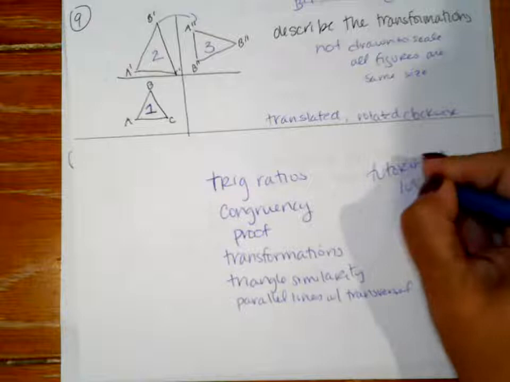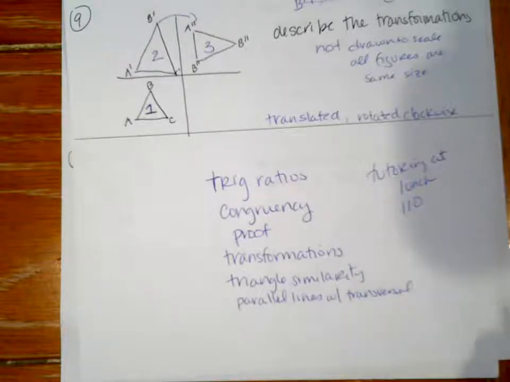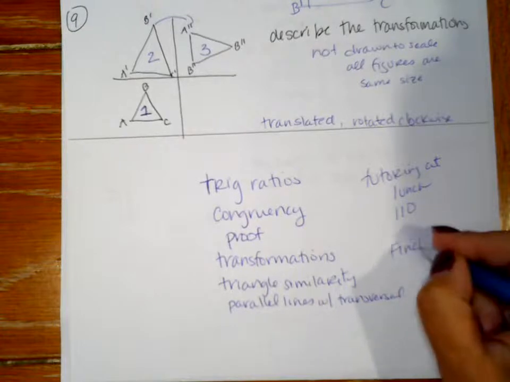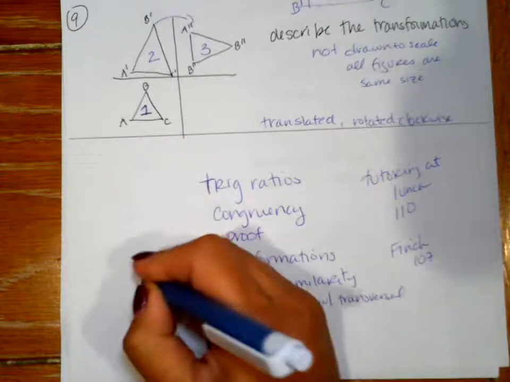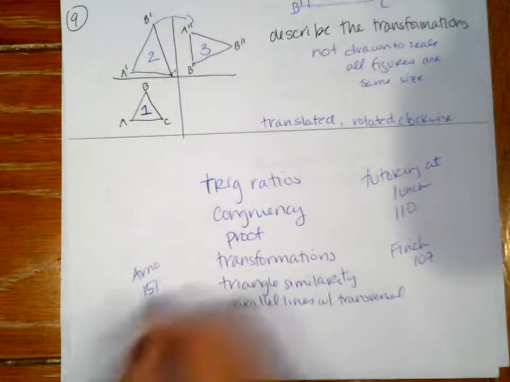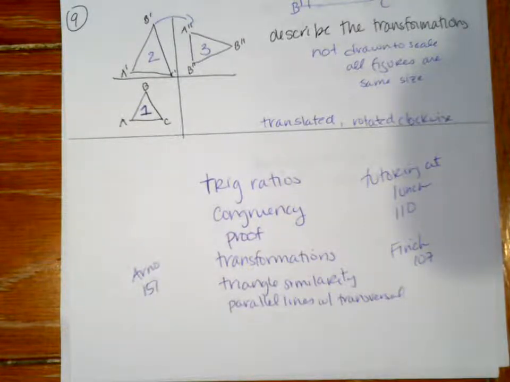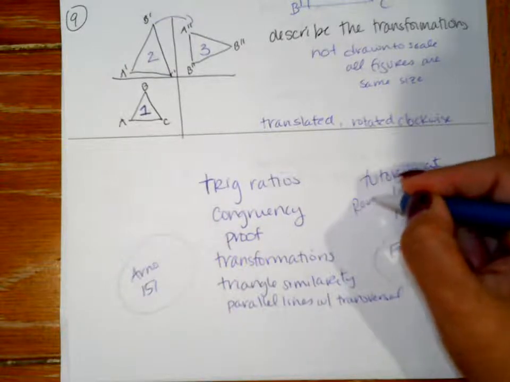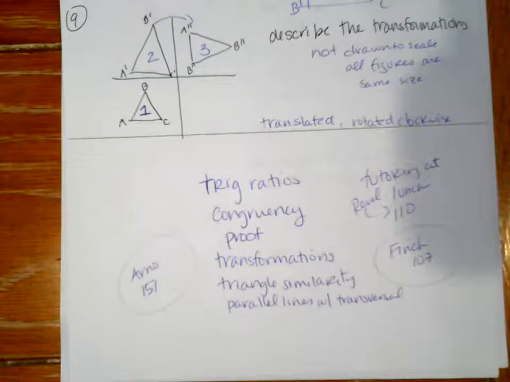So tutoring at lunch tomorrow in 110. If you want tutoring before school, I know Finch is usually there pretty early in 107. I know that sometimes Arno is there pretty early, and I think he's in 151. So if you need tutoring, this is with me. If you want to come for tutoring at lunch, and you have geometry 3rd or 4th period, I can help you guys out with that stuff too.